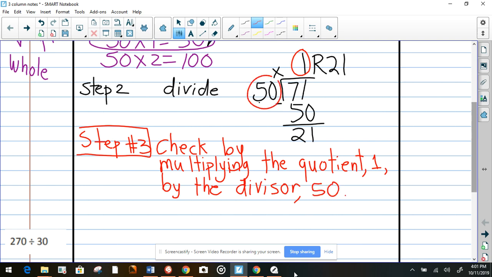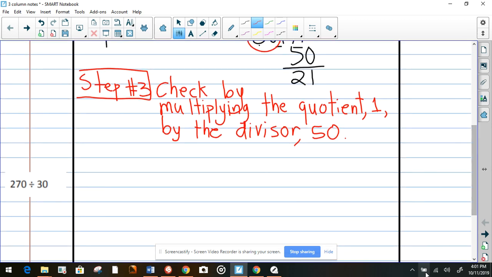Okay? So let's check now. So we know that the answer was 1. So we're going to multiply the 1 times the divisor. And the answer is 50. Now remember that we are aiming to get 71. This is the answer, 1, remainder 21, right?